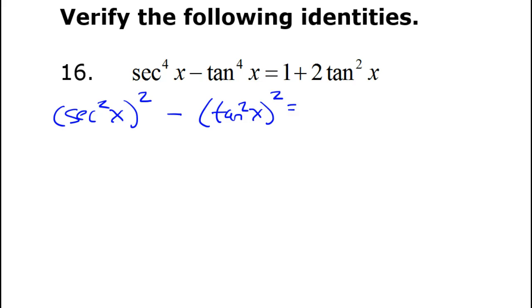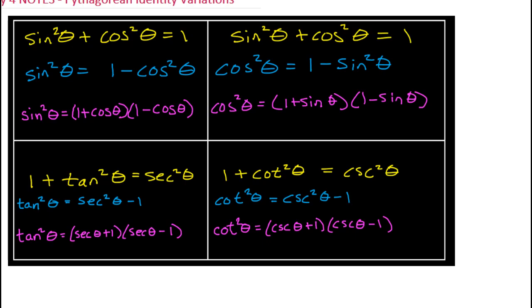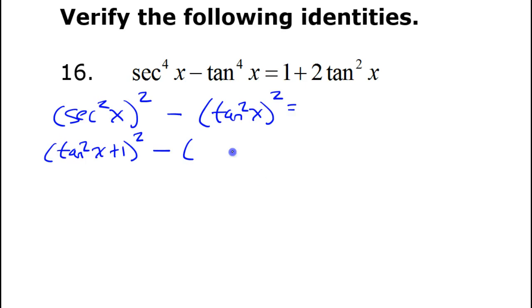I will be slightly more comfortable though if I put tangent squared plus 1. So I'm allowed to do that, so that's what I'm going to do. And don't forget this is still squared. Now tangent squared is equal to secant squared minus 1. So I'm going to write secant squared.